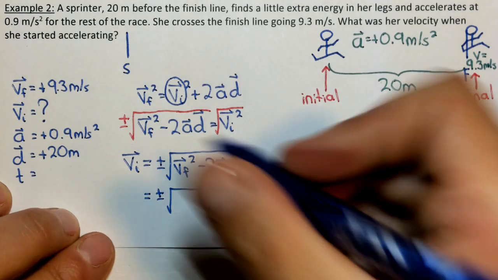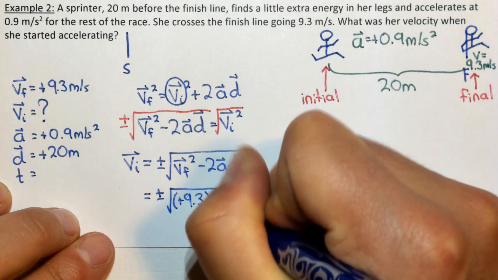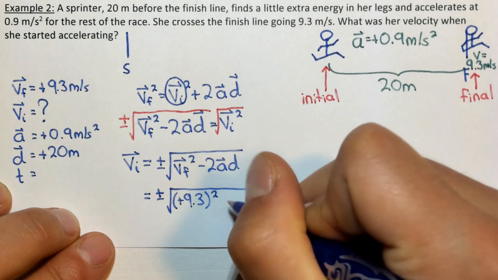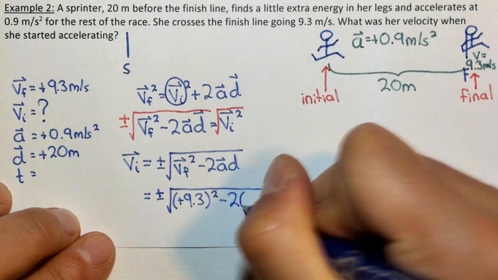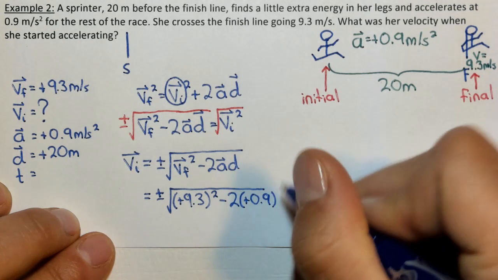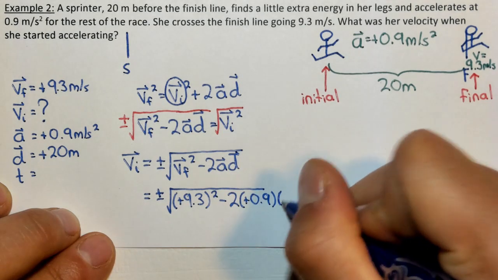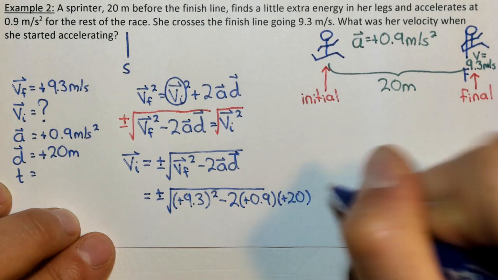So VF is positive 9.3, and that's going to be squared. A is positive 0.9, and D is positive 20.